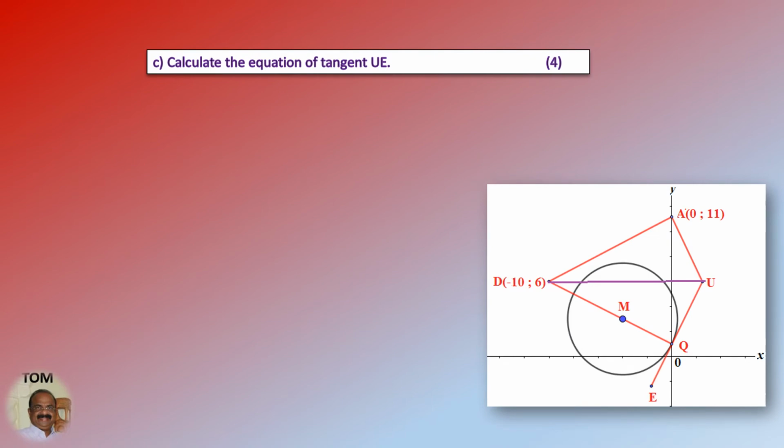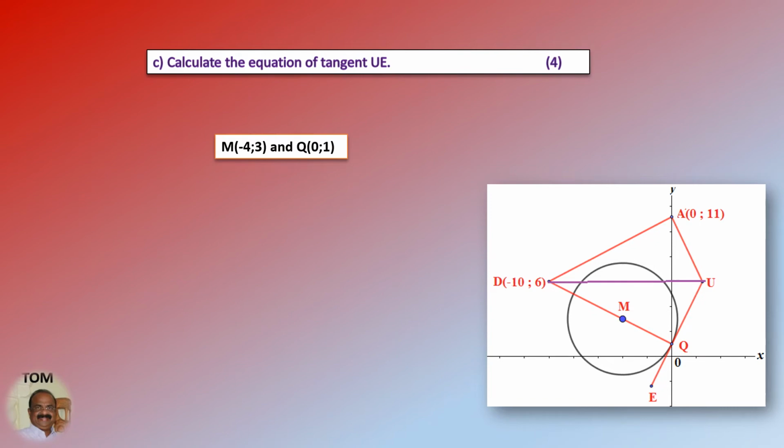Again, question C from the same diagram. Calculate the equation of tangent UE. UE is a tangent which is touching the circle at the point Q. Tangent is a straight line. We must calculate the gradient of this straight line, and then we can write the equation. We need the gradient and at least 1 point.